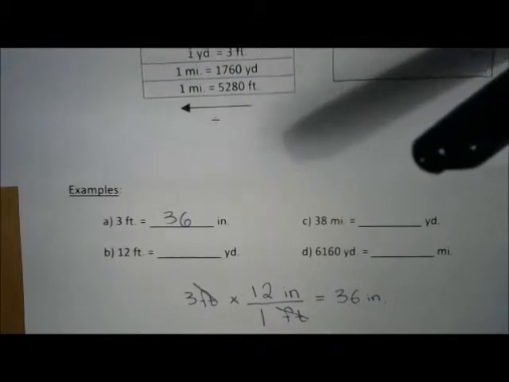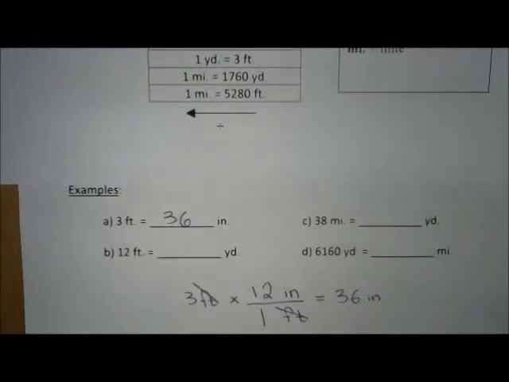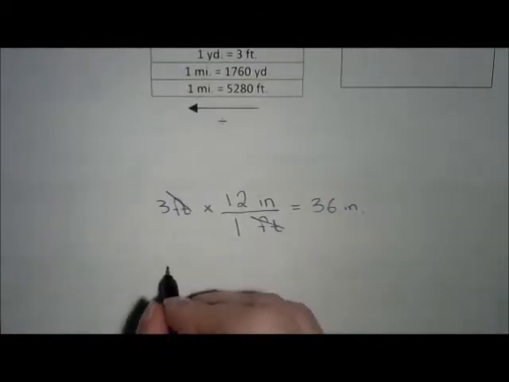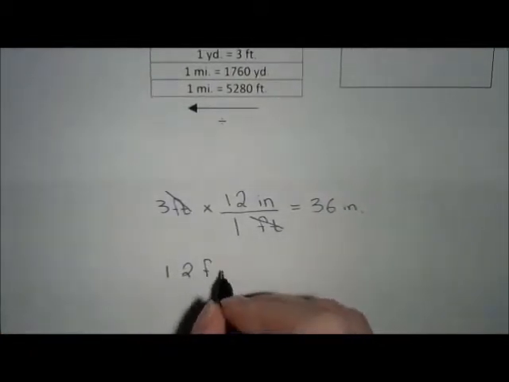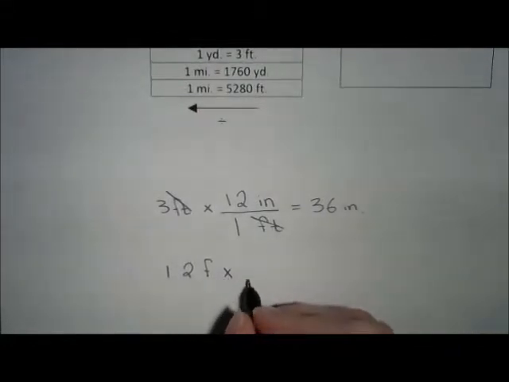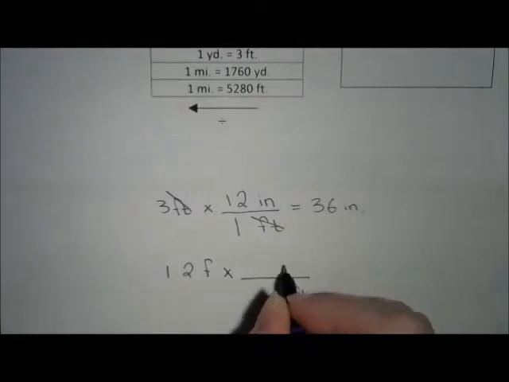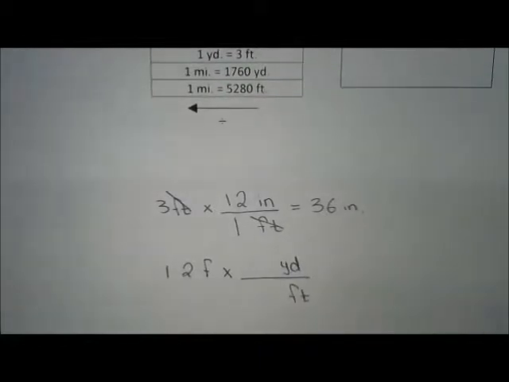B, 12 feet is how many yards? So we've got 12 feet. And we're multiplying that by, we want to, once again, get rid of feet, convert it to yards.